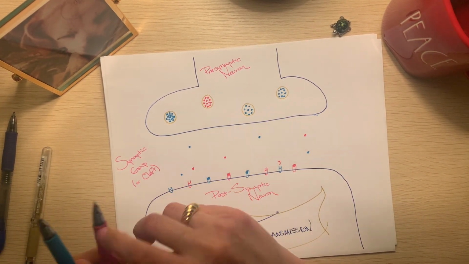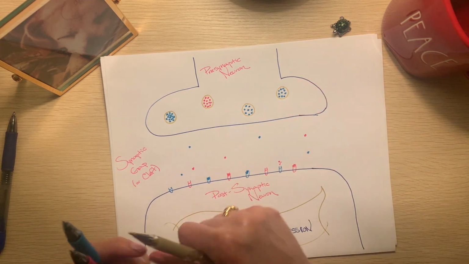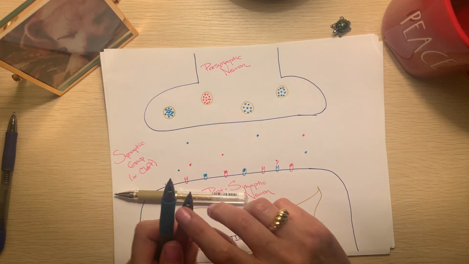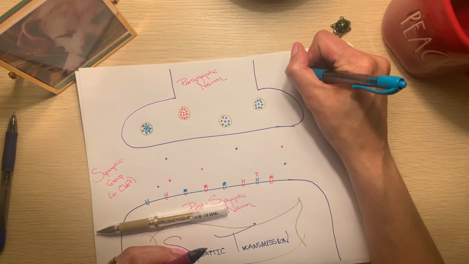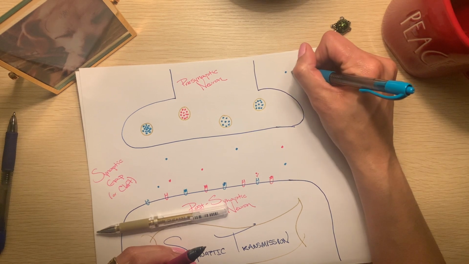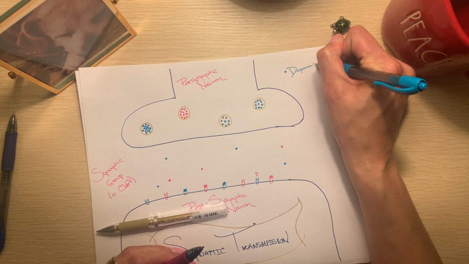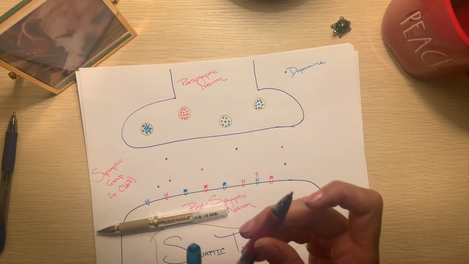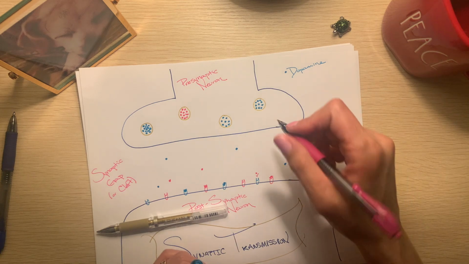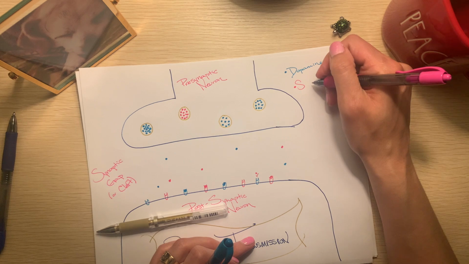Maybe we'll say that the teal ones are dopamine, and that the pink ones are serotonin.